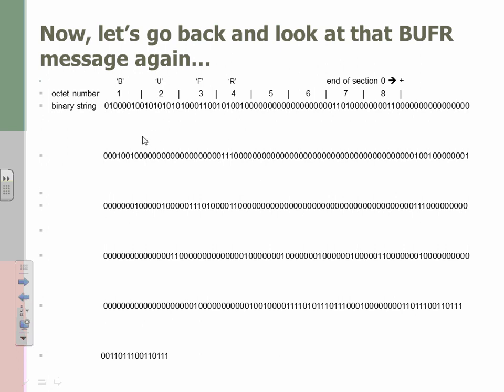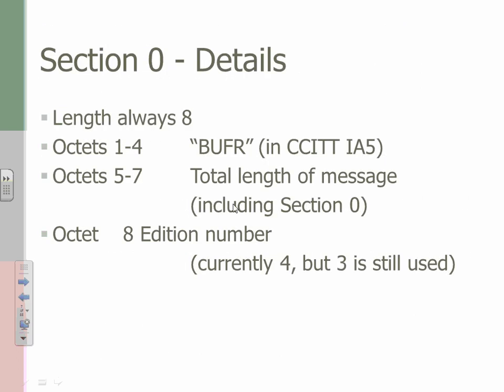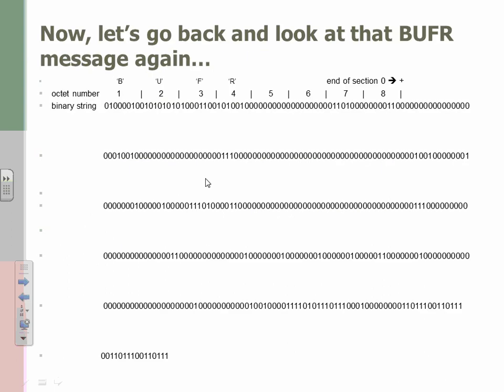So now we have the length of section 0 is always 8 octets. We are trying to decode the random strings of 1 and 0s, and the first 8 octets are section 0. So octet 1 to 8 is the section 0.